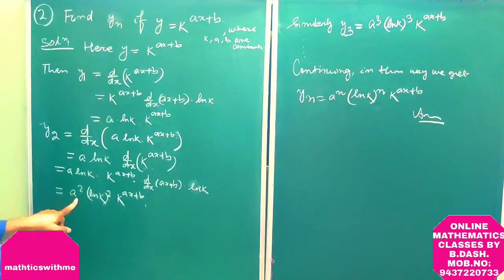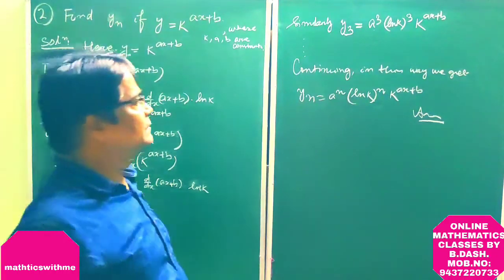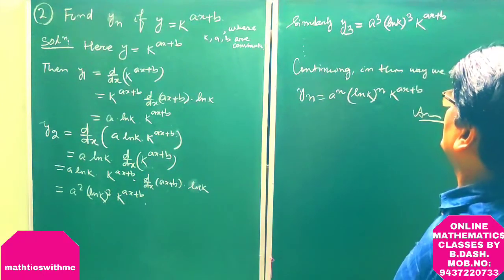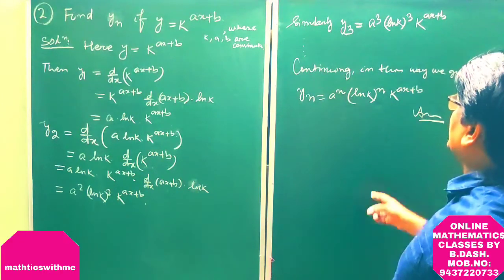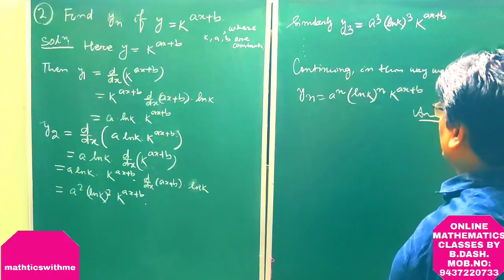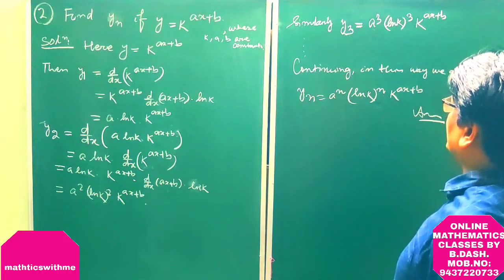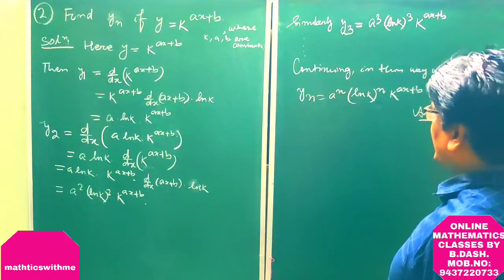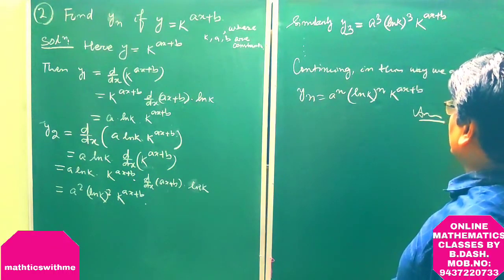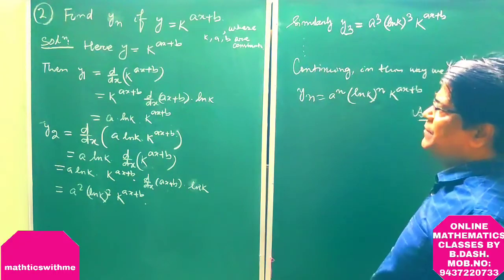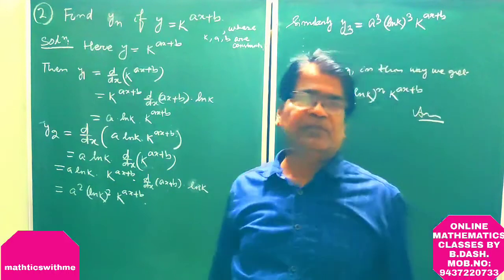So this becomes a square ln k square, k to the power ax plus b. Similarly, the third derivative y3 is equal to a cube ln k cube, k to the power ax plus b. Continuing in this way, we get the nth derivative yn is equal to a to the power n, ln k to the power n, k to the power ax plus b. Answer. So our second problem is solved.